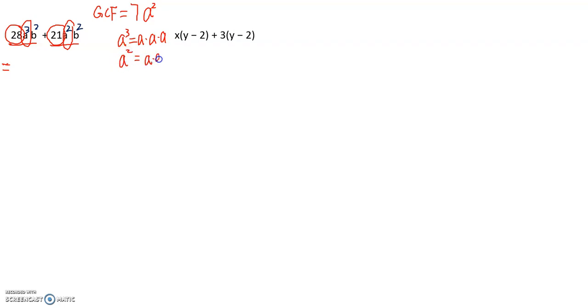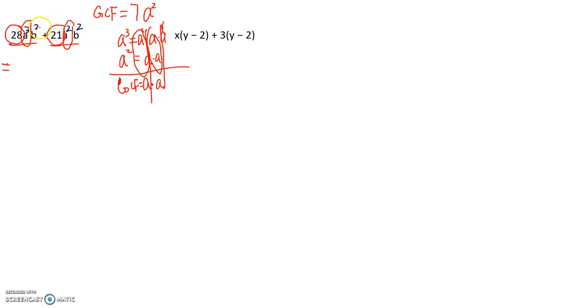But a squared means we have two a's as factors, two copies of a. When you bring down the common factors that appear in both of them, that would be a and a. So they have a squared in common.